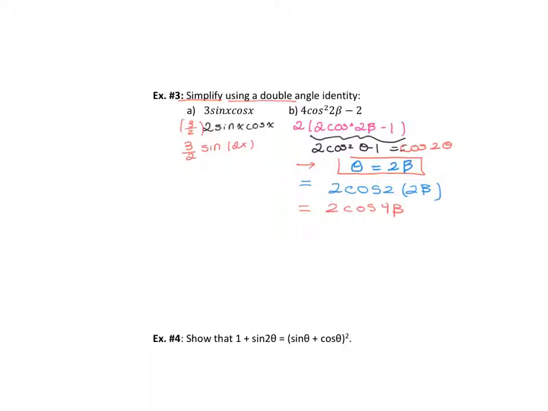Wherever you see a theta, like Flora said, you're going to replace it with a 2 beta. So Flora's right there. You replace that with a 2 beta, that makes your final answer a 2 cosine 4 beta. Questions? Beta, theta? All right.